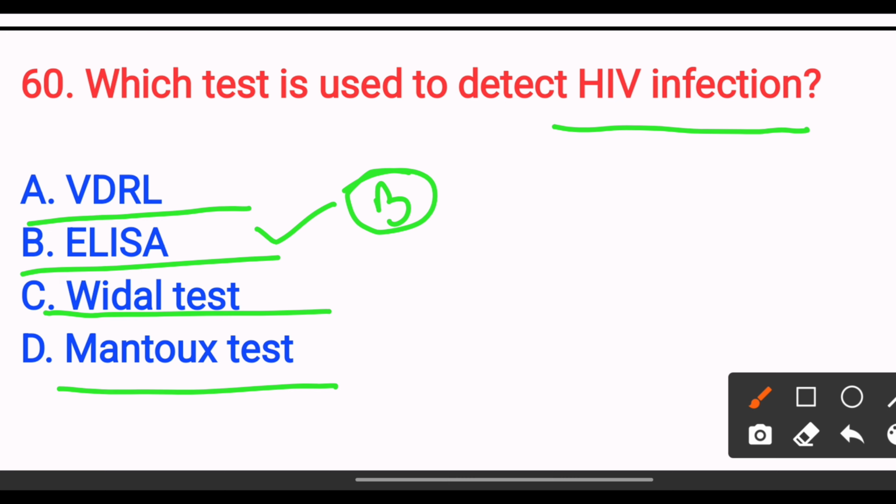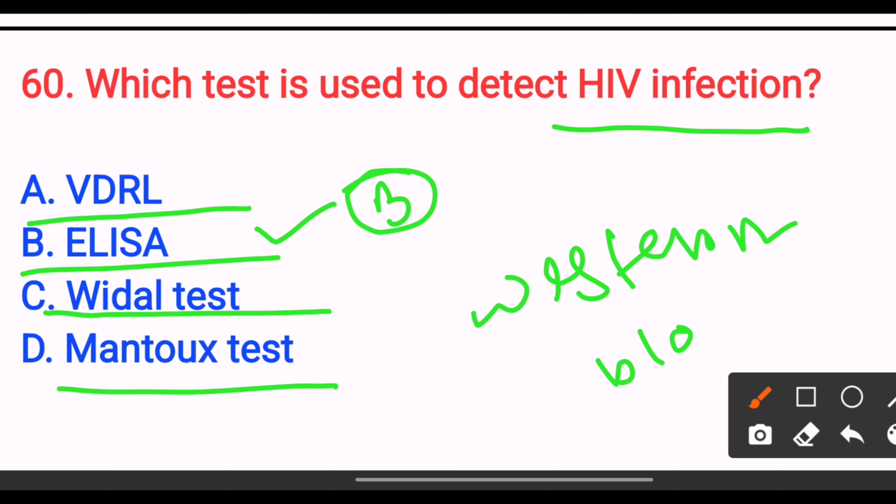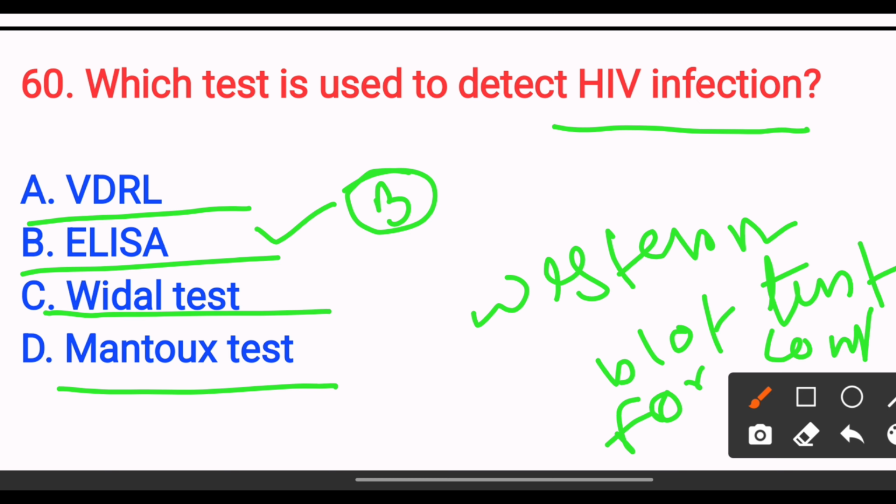Positive results are confirmed by the Western blot test for the confirmation. So the answer is option B.